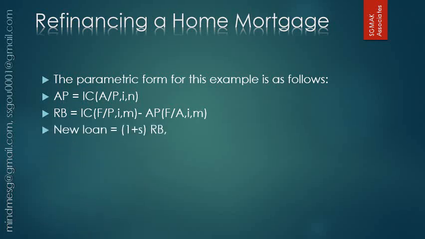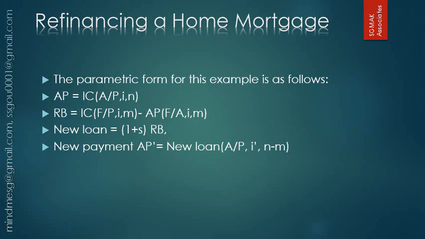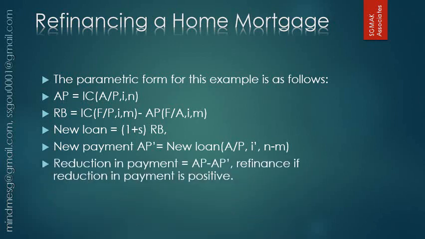Your new loan amount is 1 plus the service rate in percentage times RB. Your new annuity payment is the new loan amount times the A over P factor, A over P, I prime, comma N minus M. That's your new capital recovery factor with a new interest rate and reduced length of plan period. Reduction in payment is AP minus AP prime. Refinance if the reduction in payment is positive.